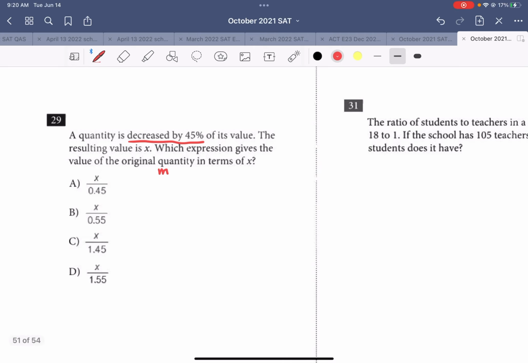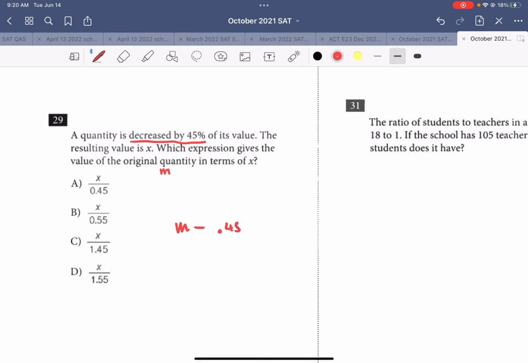You're looking for m. m minus 0.45 m, right? 45% of that, it decreases, and the resulting value is x. So when you factor out m, 1 is hidden, 1 minus 0.45 is 0.55, so 0.55 m is x. So m is x over 0.55. Answer B. That's how you're going to find it.